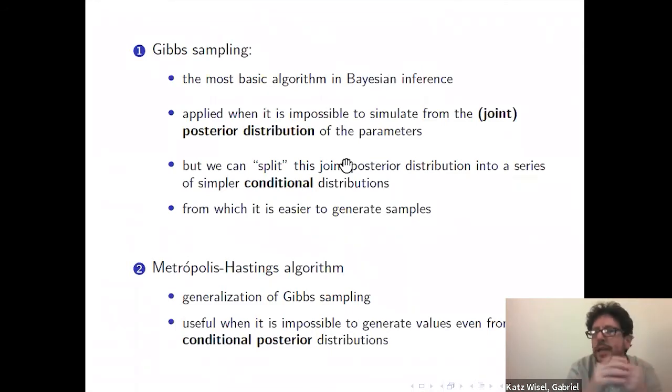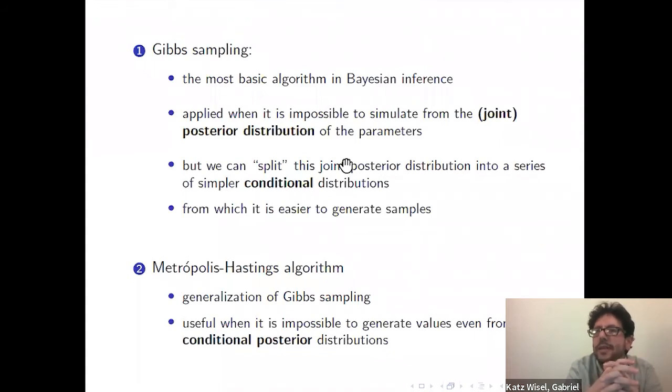Think of any interesting model, a probit or logit. These parameters have a joint posterior distribution of all the parameters that's very difficult to draw samples from. But we can split this joint posterior distribution into a series of conditional posterior distributions, and we can sample from these conditional posteriors.